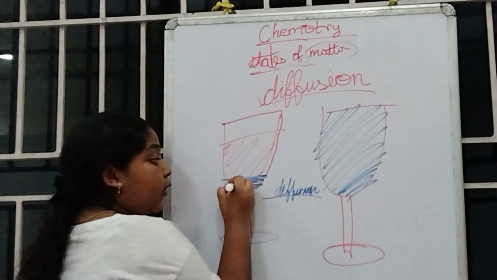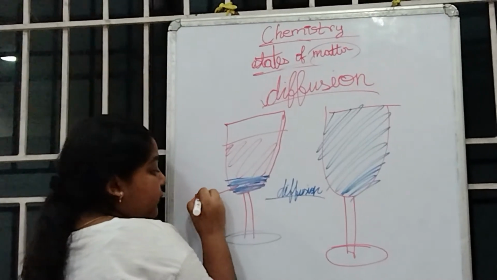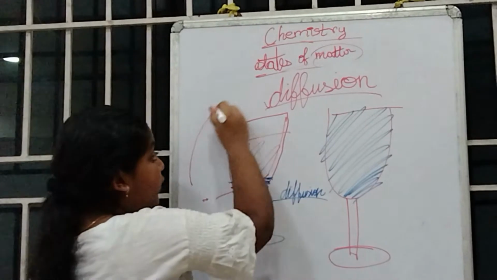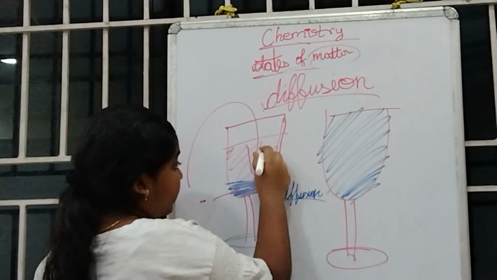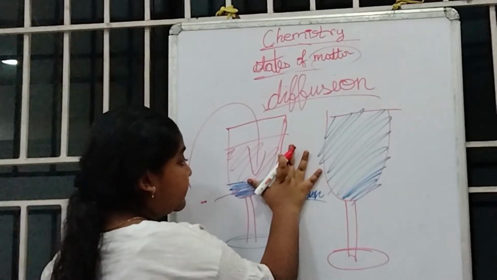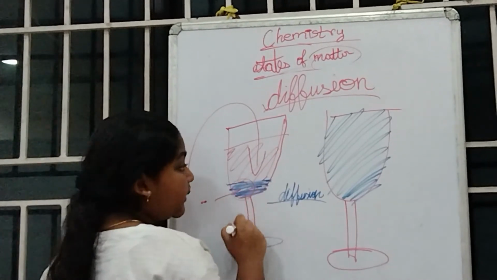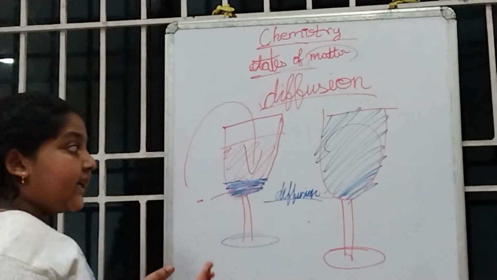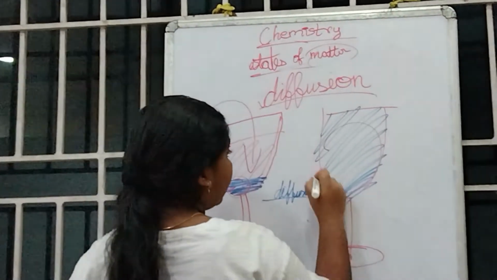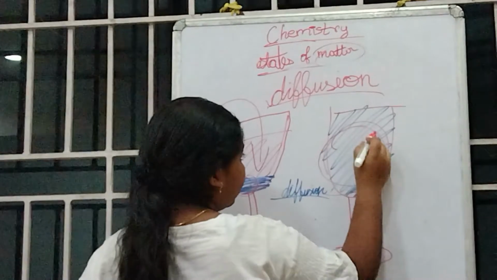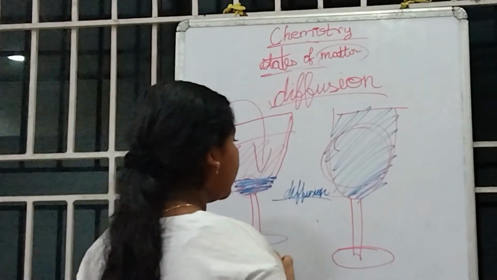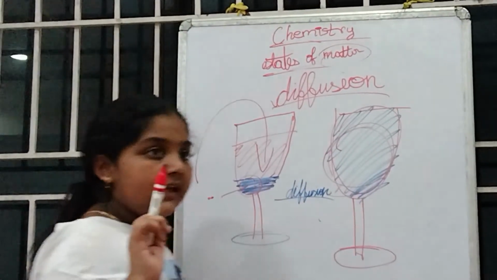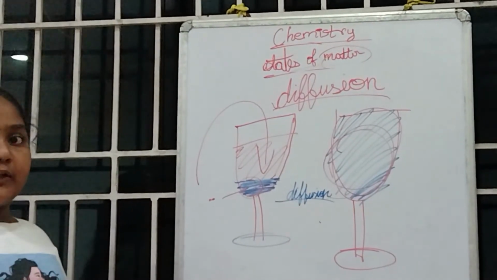That's why it also has small colored particles. When we pour them in, after some time those particles will mix with the water particles. Then we can see this is our colored water. This is the result. I will show the experiment at the end of the video.